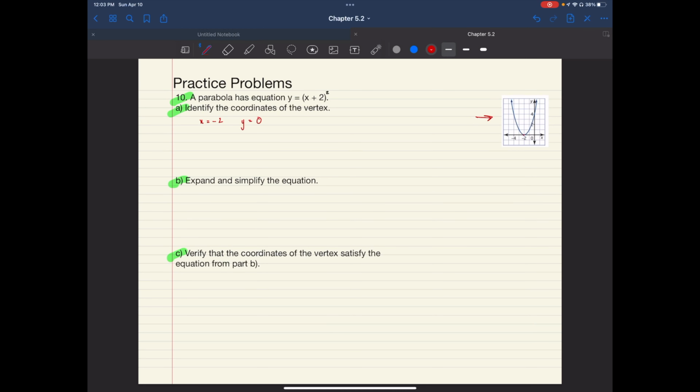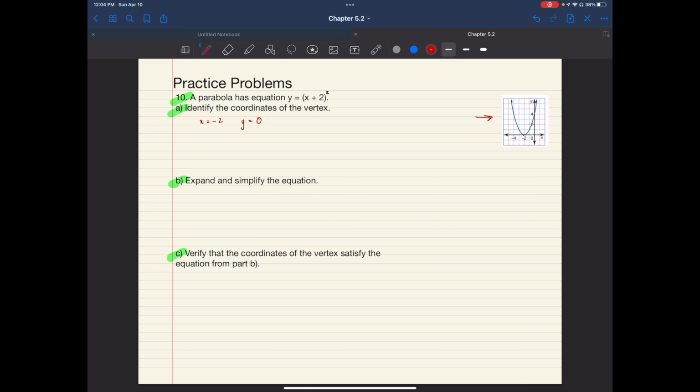This point right here, the vertex means simply like the lowest, or like where it changes direction, right? It goes from going down to going up, or we'll learn more about that in the next part of chapter 5.